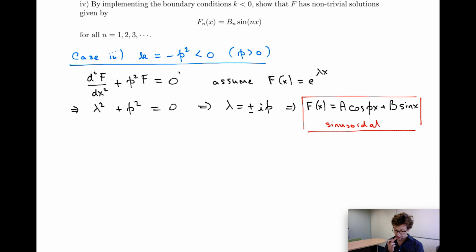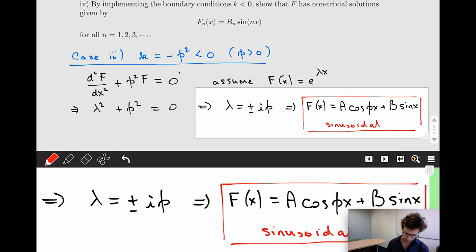So the case of k a negative number ends up giving me complex eigenvalues, lambda, and it ends up giving me sinusoidal type solutions. Once again, I have unknown integration coefficients that I'm going to fix using the boundary conditions.